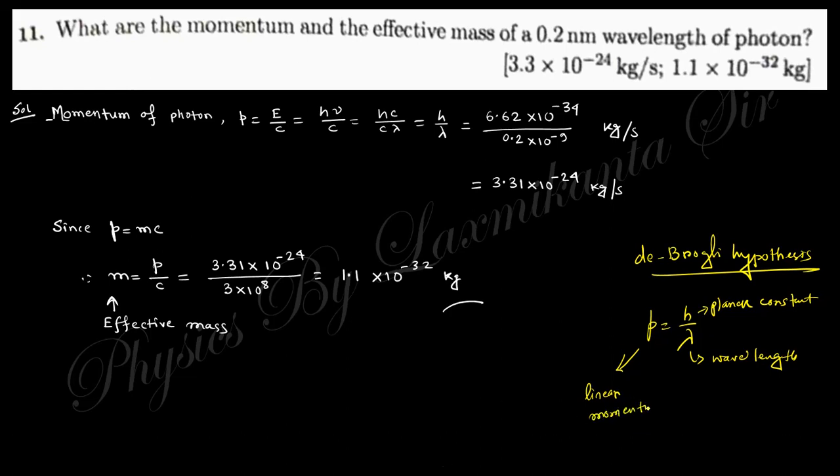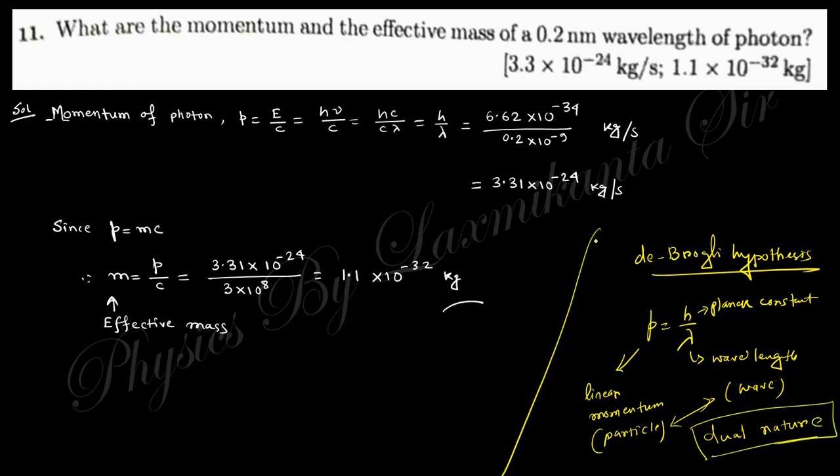So this is nothing but the particle property, and this is the wave property. So this relation actually relates the wave property with the particle property, that is the dual nature of the particle is associated with this relation, okay.